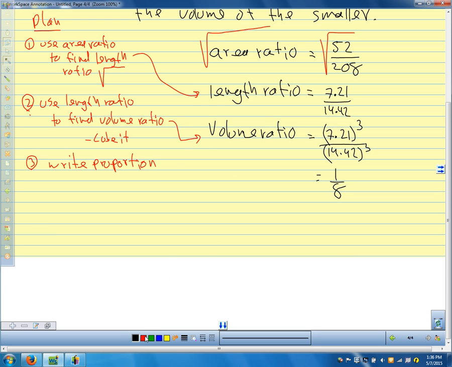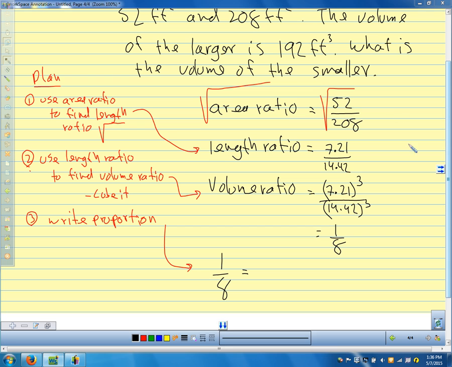And then I'm going to finally write a proportion. So here's the volume ratio, 1/8. And that's going to equal, what's the other fraction we're going to use? Volume of the smaller is what we're looking for. What do we call that?